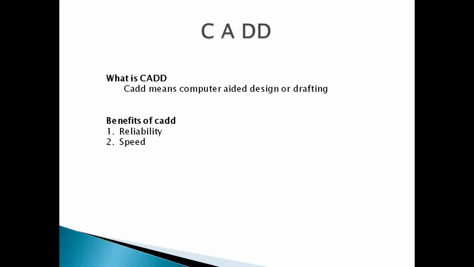The project we used to finish in weeks or months or days, we can finish in hours. Then economy. Obviously, if the time for designing and drafting is reduced, the economy also increases. So our projects become much more economical, and our manpower and time are also reduced due to CAD.